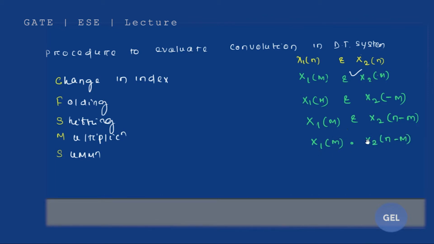Till now we are following the same pattern as continuous time signals: change in index, folding, shifting, multiplication. But in the last stage, instead of integration, we do summation, and we vary m from minus infinity to infinity. Clear this concept?